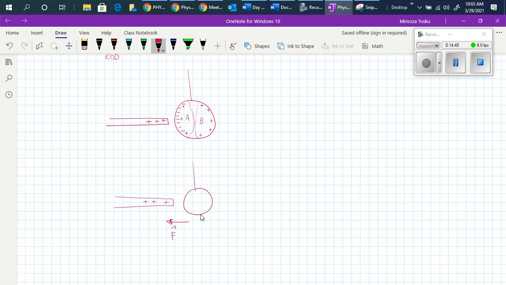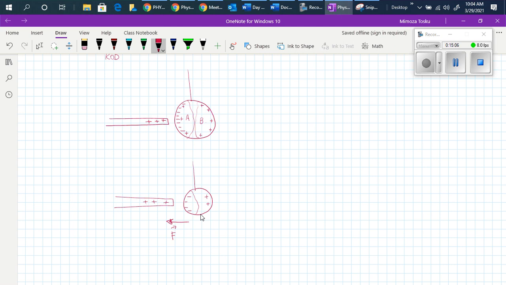Attraction force. So then what you see here is that the pith ball is interacting with the charged rod and coming close to the rod, because this area here is becoming negatively charged, and this is positively charged.